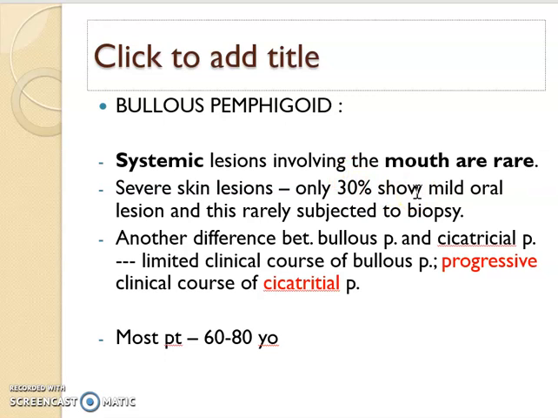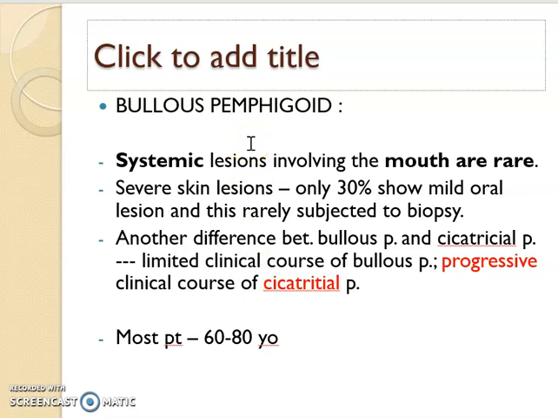Another difference between bullous pemphigoid and cicatricial pemphigoid is the limited clinical course of bullous pemphigoid, while cicatricial has a progressive clinical course. Most patients with pemphigoid are 60 to 80 years old, much older than pemphigus patients, who are much younger.